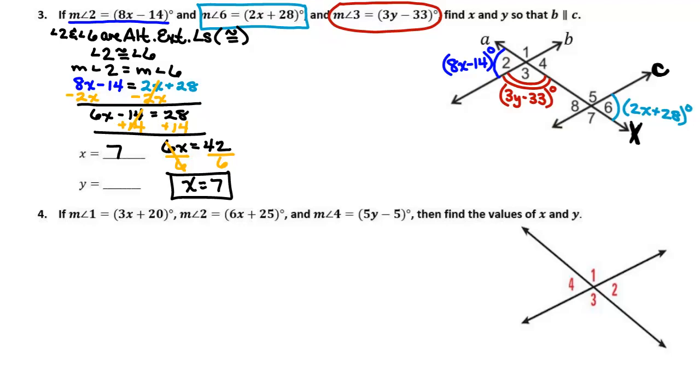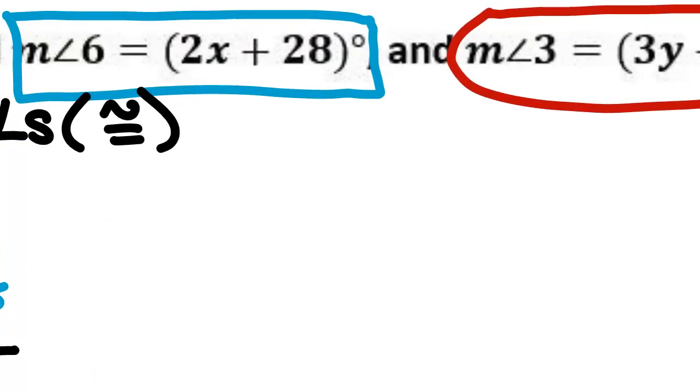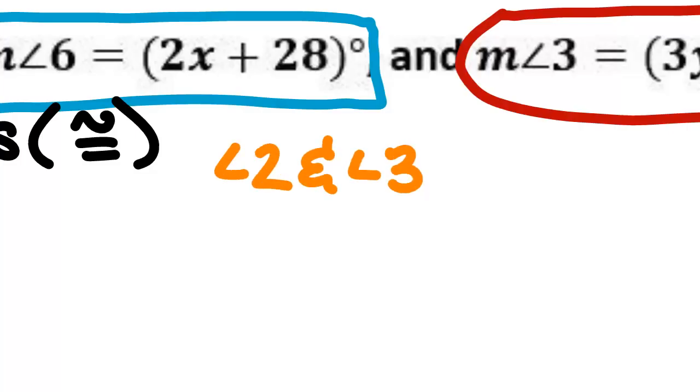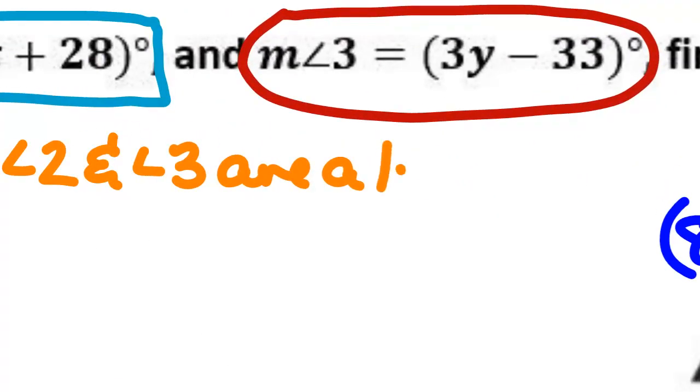What about this angle pair? Do we have a name for that? What do we call angle 2 and angle 3? Linear pair. Angle 2 and angle 3 are a linear pair.